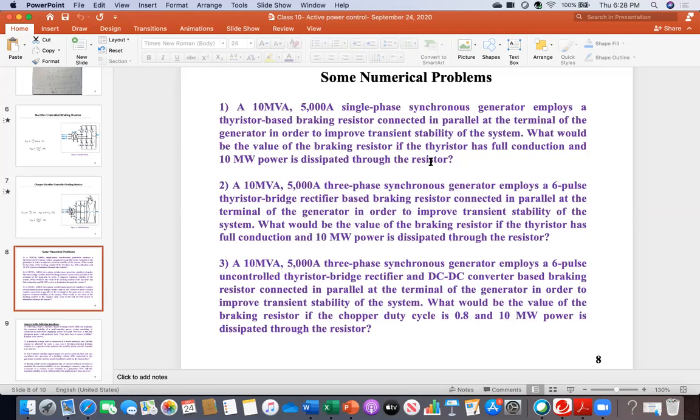Yeah, with 0.85, I think VDC would be 8485.28. Okay, let me check. Oh, it looks like it's wrong. I forgot to divide by pi. I'm sorry. Yes, so divide by pi.